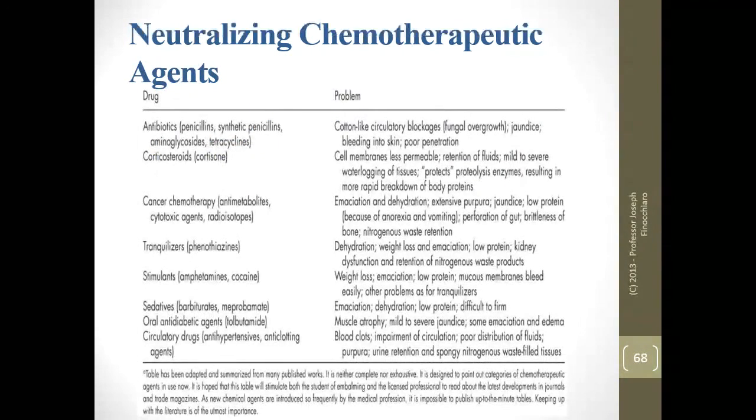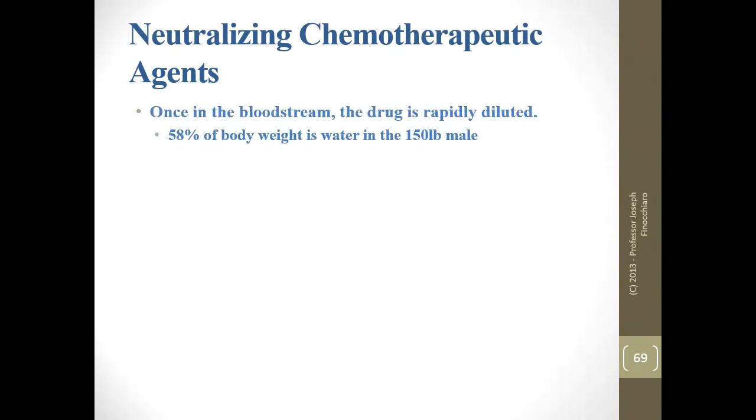So it talks over here about different types of fun and common problems associated. Yes, you should probably know that. Once in the bloodstream, the drug is rapidly diluted. Go figure. 58% of the body weight is water, which is quite interesting considering it was 55% in the previous chapter.